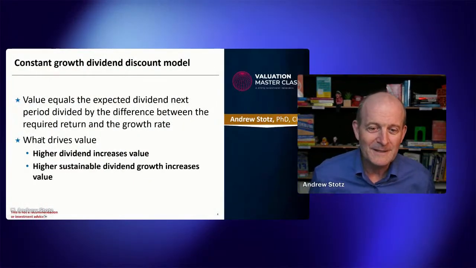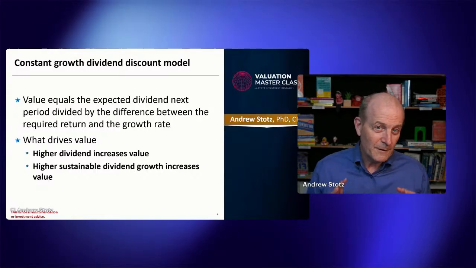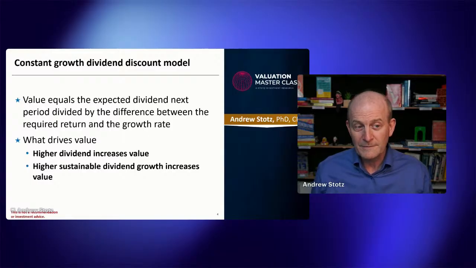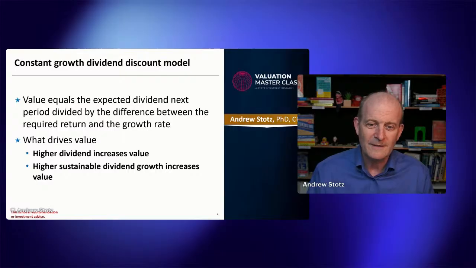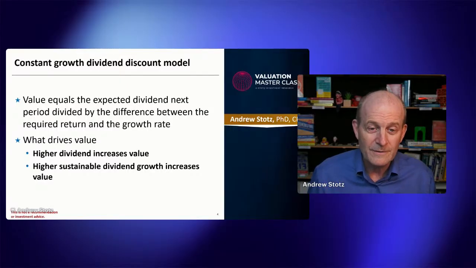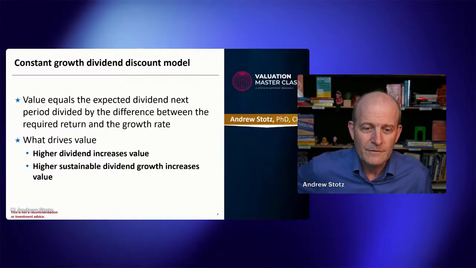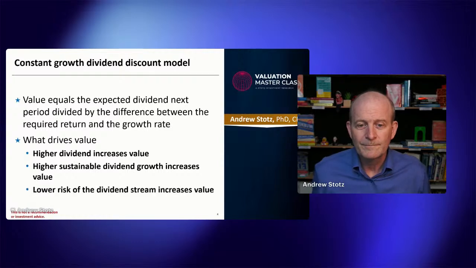The second one is higher sustainable dividend growth increases value. Now that higher growth is a function of the return on invested capital that the company gets relative to the weighted average cost of capital. If they're getting very strong value creation, then they're going to also deliver earnings growth and dividend growth.